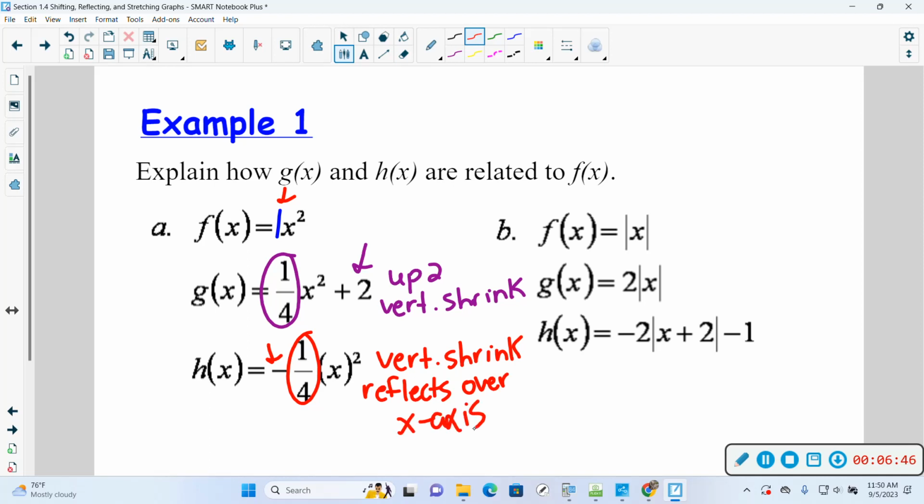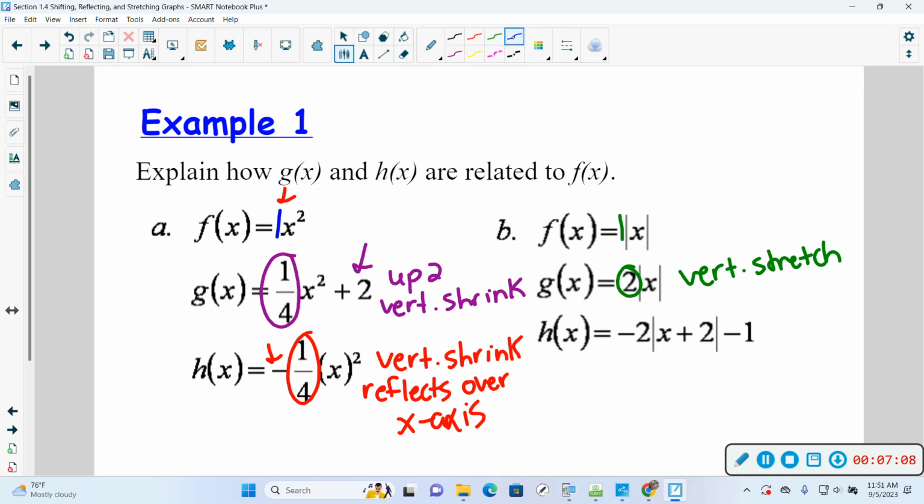Got it, short and sweet. Okay, let's take a look at B. So of course we're looking at our absolute value, our f function at the beginning. Technically we go from 1 to a 2. You're doubling it, so that is that vertical stretch. And you're welcome to say by a factor of 2 if you want to get really fancy about it.